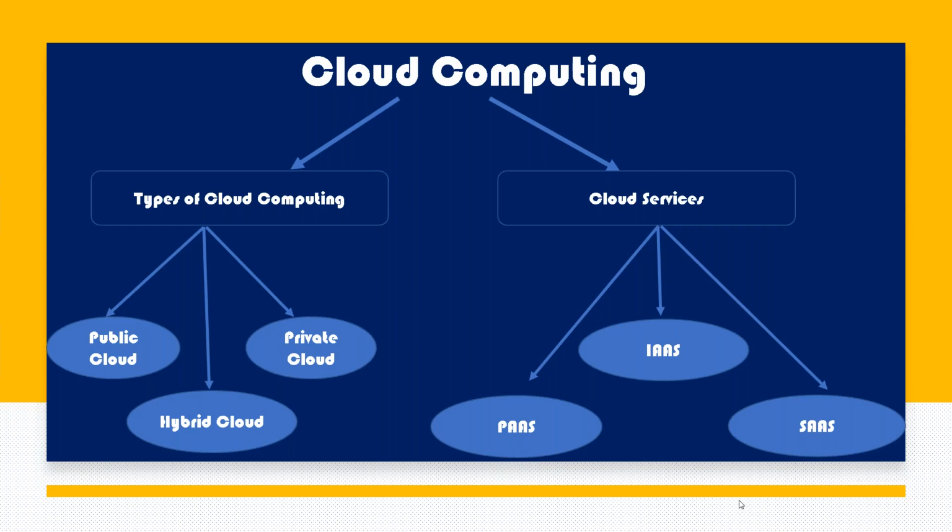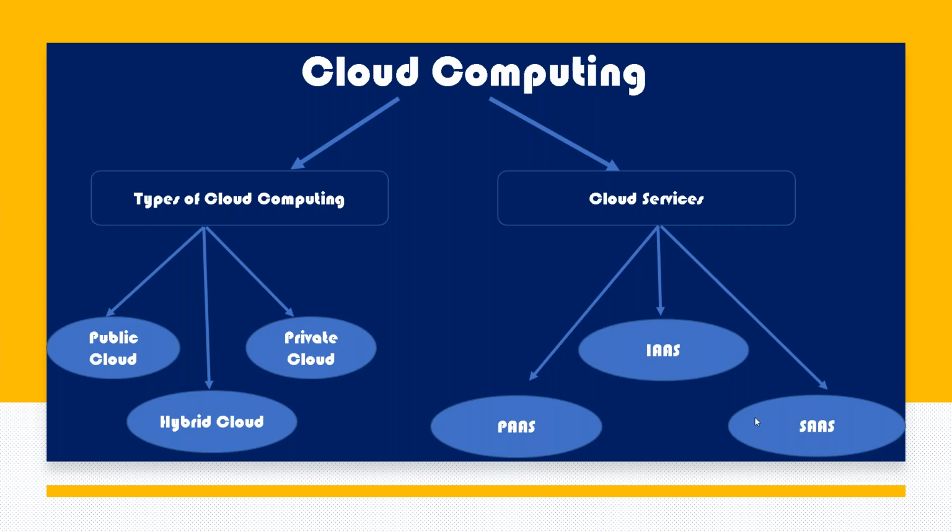For example, Office 365, MS Office, Salesforce application, Zoho applications, all are cloud-based, already developed applications. So these are the services available: infrastructure as a service, platform as a service, software as a service.